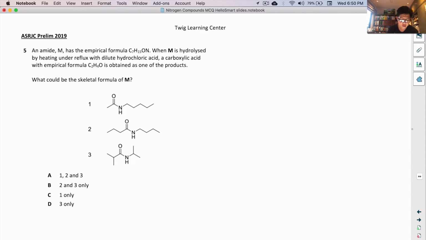If I break this part here, it's hydrolyzed with hydrochloric acid, you end up getting CH3COOH. So let's see what the formula is. It's actually C2H4O2. Can you see that? Which means this is wrong already.